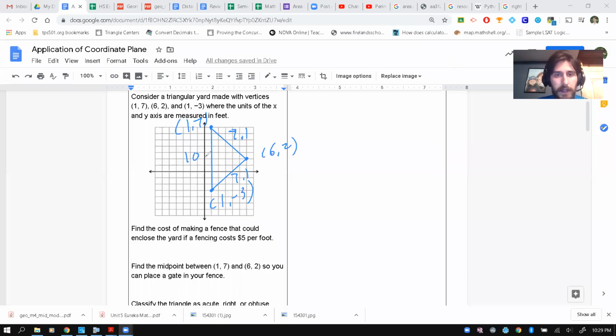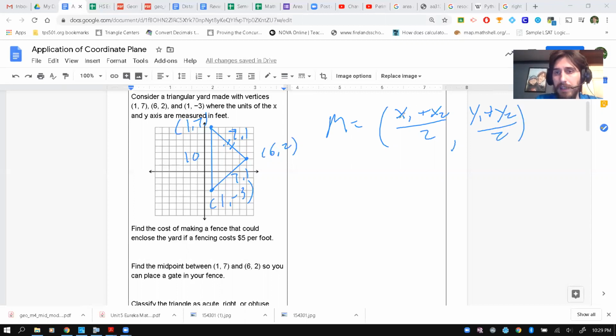Okay, sorry about that. So now that we have the fence built, if we want to find the midpoint between this point (1, 7) and this point (6, 2) so that we could put a little gate in our fence here, this is hopefully what you covered last week. To find the midpoint between 2 points, you add your x values together and divide by 2, and add your y values together and divide by 2.